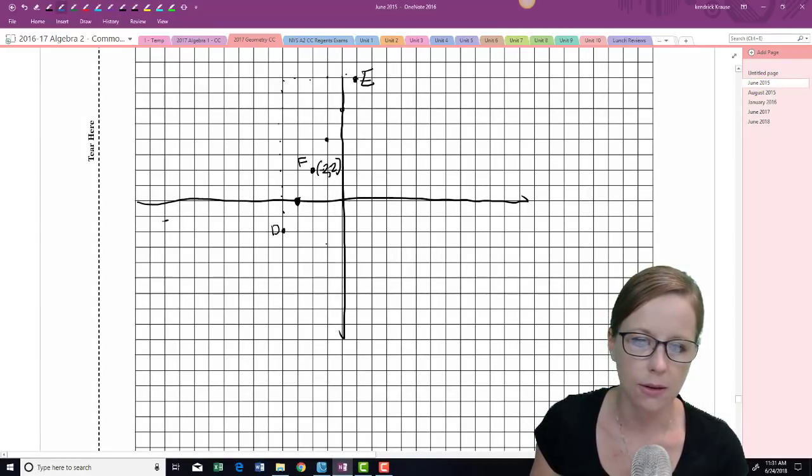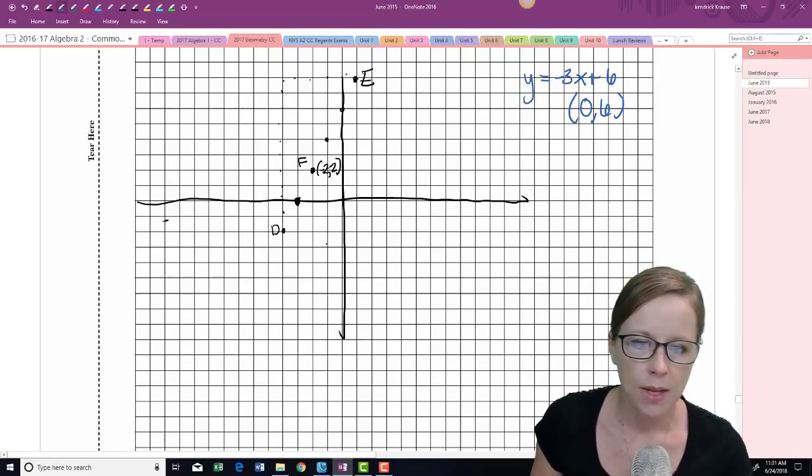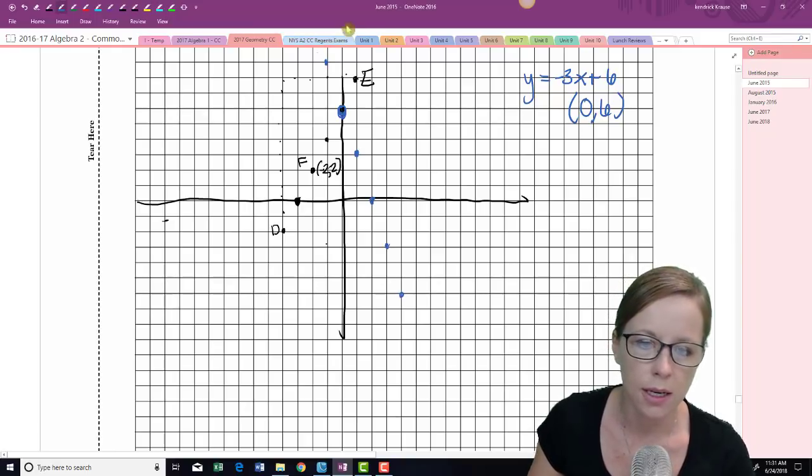Wonder if I can use the same graph paper. So y equals negative 3x plus 6, and they're saying the point (0, 6). Okay. That means a y-intercept of 6, and a slope of negative 3. Down 3 over 1, down 3 over 1, up 3 over 1.